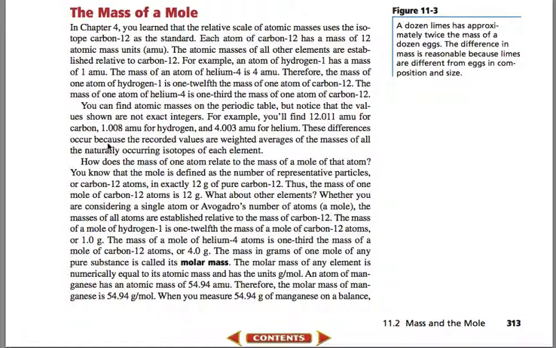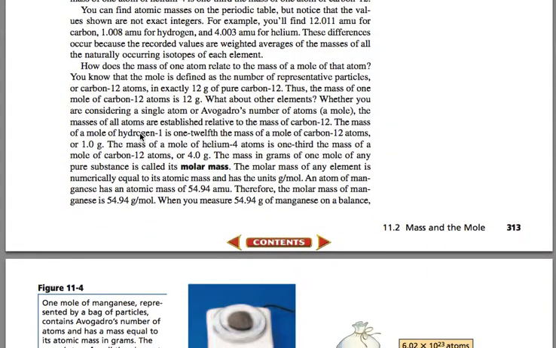These differences occur because the recorded values are weighted averages of the masses of all the naturally occurring isotopes of each element. Okay, in other words, they do averaging and weighting in order to come up with this, which is why they're not exactly whole integers but decimals.